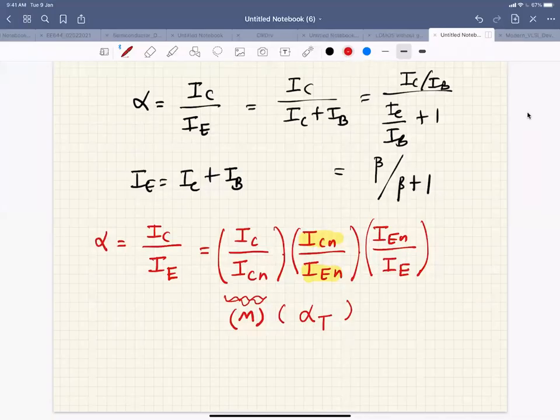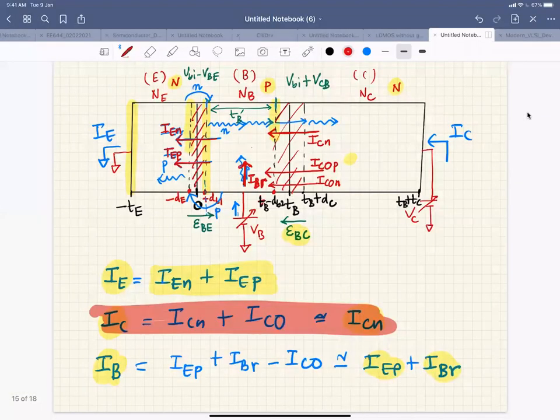What is IEN by IE? See, in an NPN transistor the current is because of electrons: electrons are injected, electrons are collected. IC and IE are mostly electron currents, right? But IE has two components, IN plus IP.